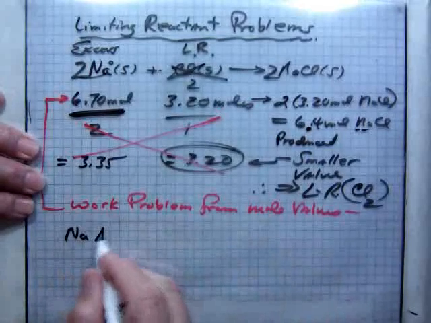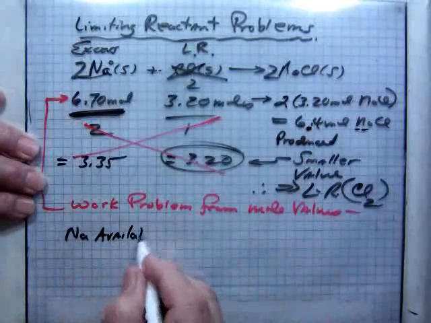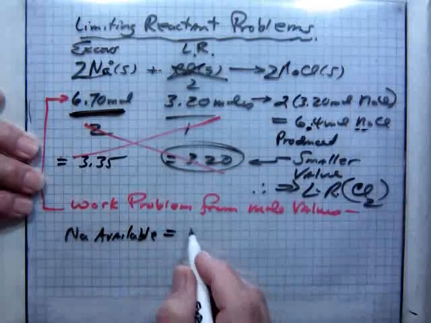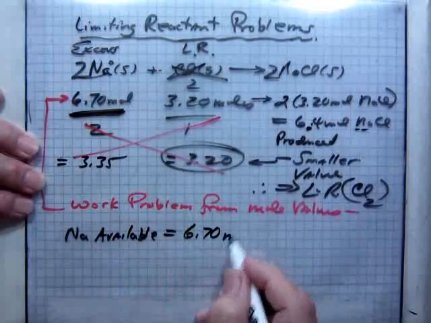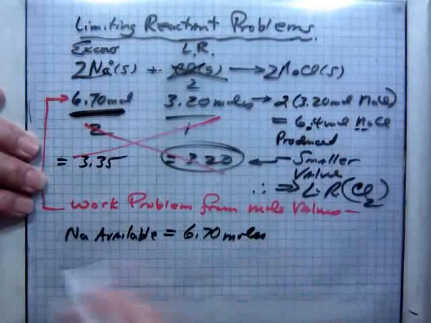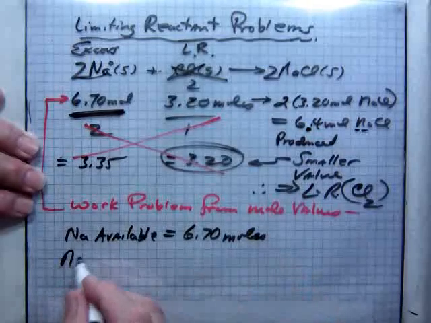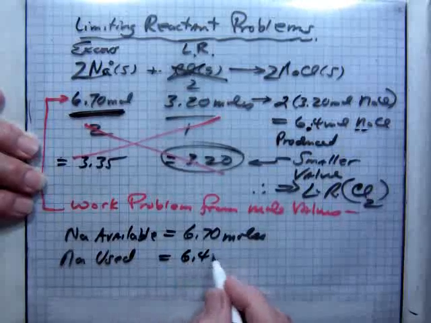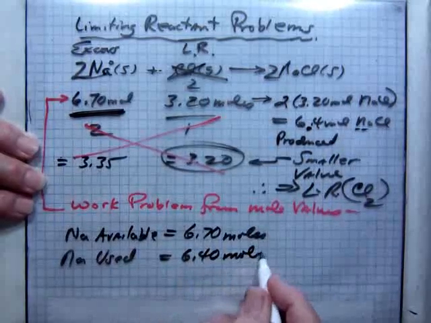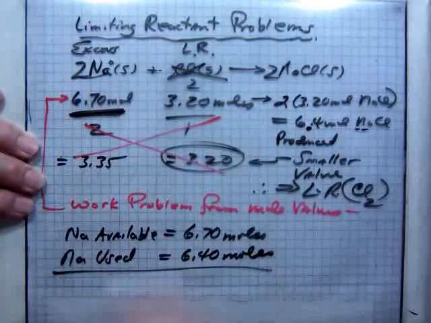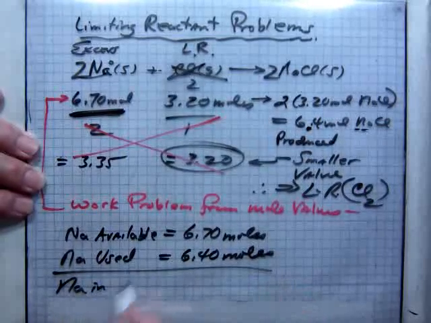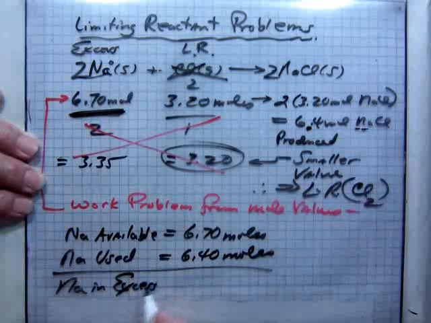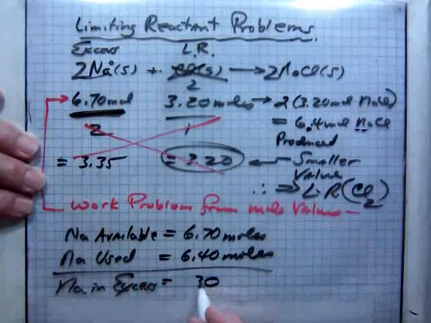Na available is equal to 6.70 moles, but you used 6.40 moles. So sodium is in excess; there's a difference in those two.